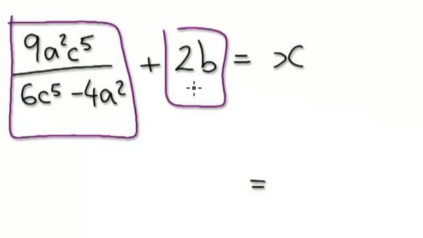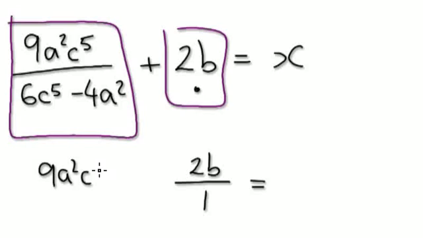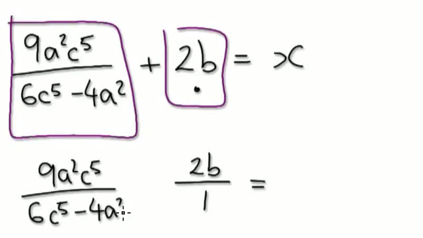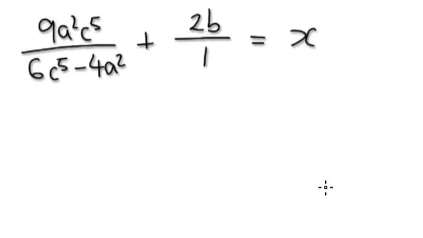Now merge the two. So turn this into a fraction. So this will be 2b over 1, and this would be 9a squared c to the power 5 over this. So now this equals x, and now times top and bottom by this bubble here.